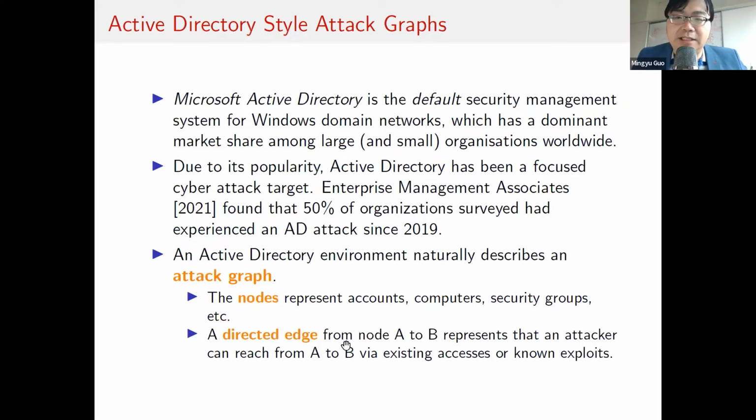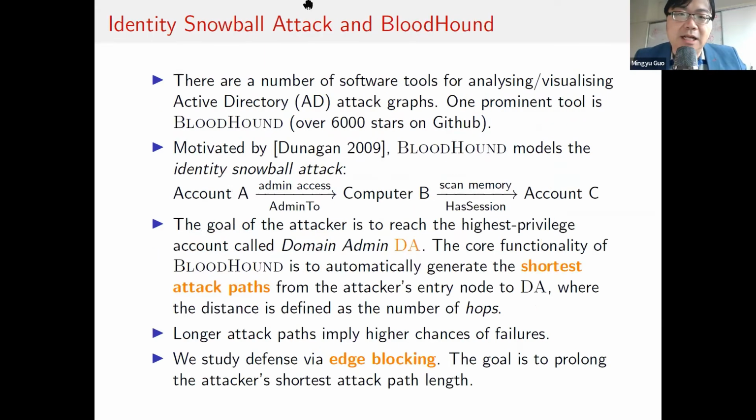A directed edge from node A to node B represents that if the attacker has access to A, the attacker can later access B, via either existing access from A to B or via an exploit that allows the attacker to go from A to B. So the attacker can traverse this directed graph and jump between accounts and computers in order to perform the attack.